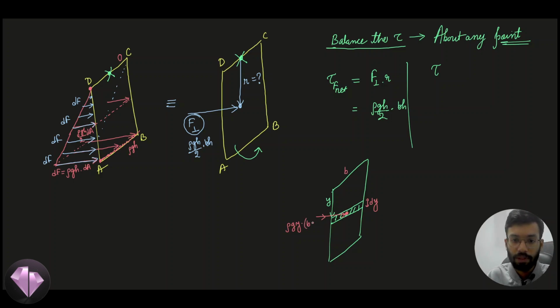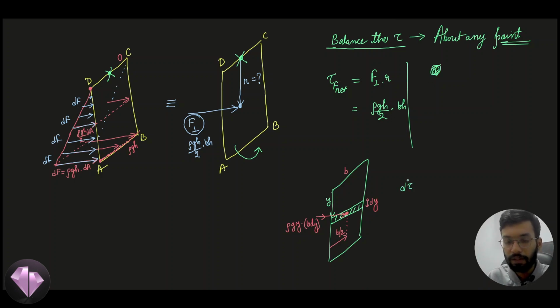So B into dy. So this is the force acting at the center of this. So from here, this is B by 2, right? This is B by 2. So at B by 2 distance, this force is acting by the fluid on this small strip. So because of this, if we write a small torque, so d tau. So let me just write here.